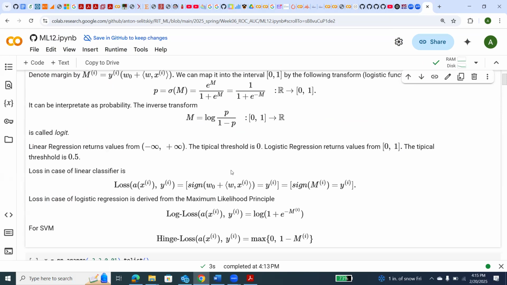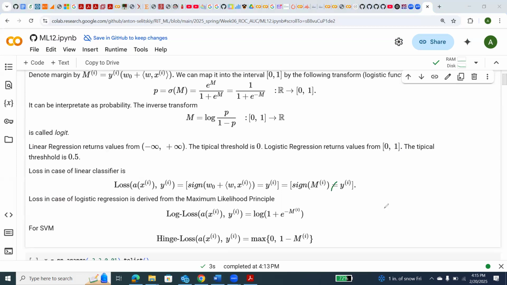And by the way, if the sign is different, it means that we make an error. So if the sign is the same, I think again, not equal is missing. Okay, not equal.